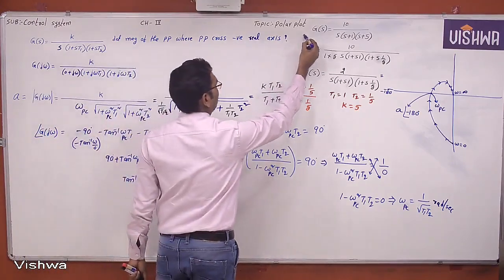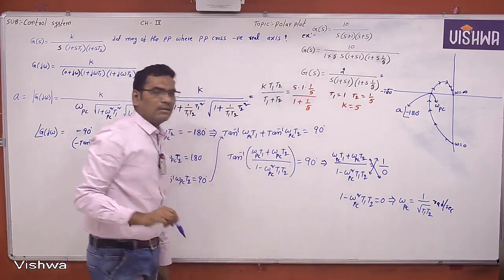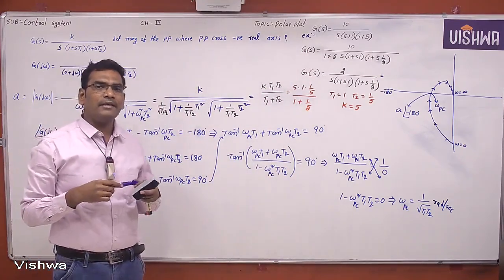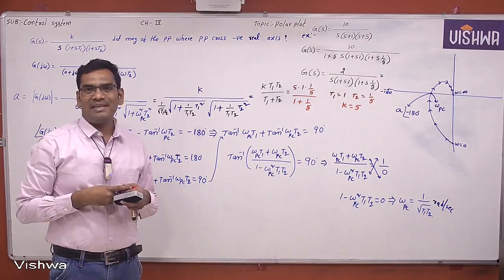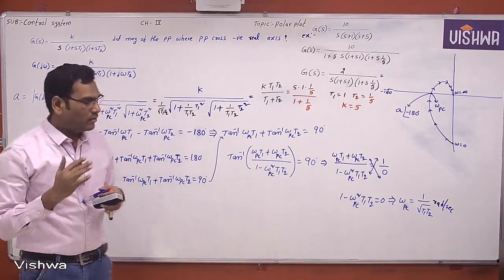Take this as an example. This is the way to calculate the magnitude where the polar plot crosses any axis. Note this down.